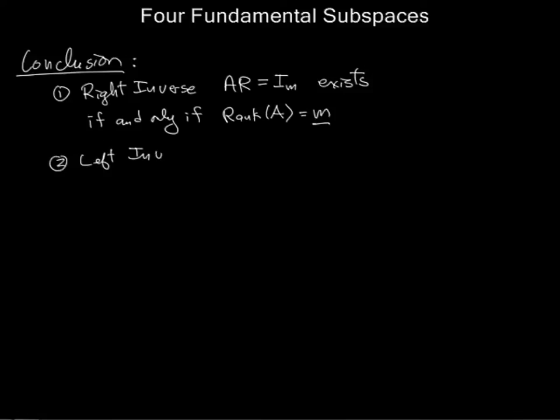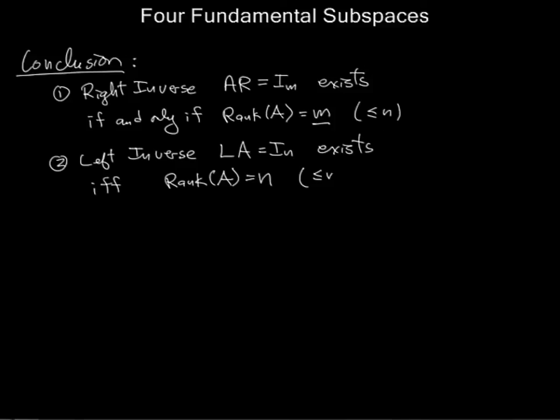And in the other direction, the left inverse exists. It satisfies this. It exists if and only if the rank of A is equal to n. And again, I'll remind you that m has to be less than or equal to n, or n has to be less than or equal to m, appropriately.